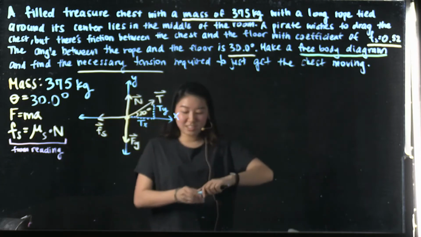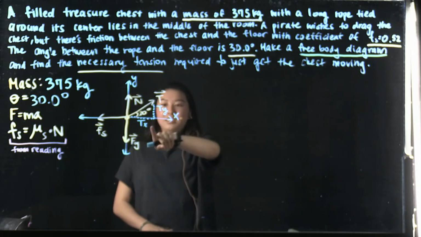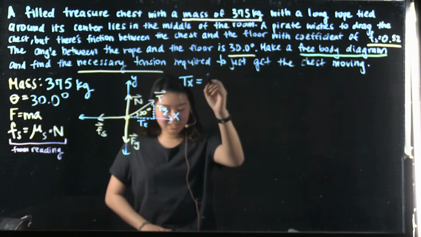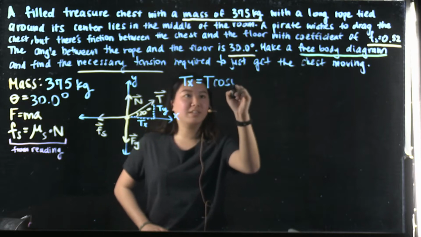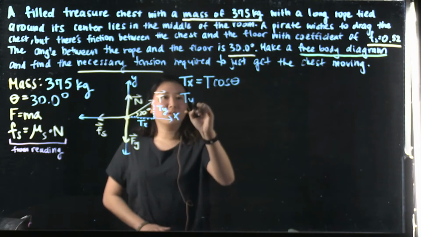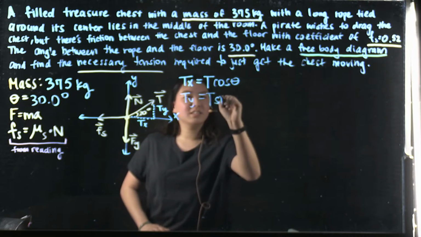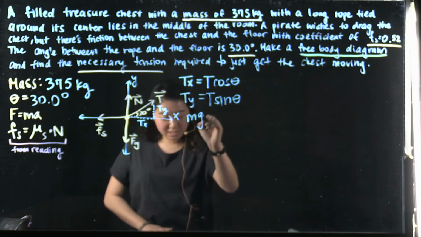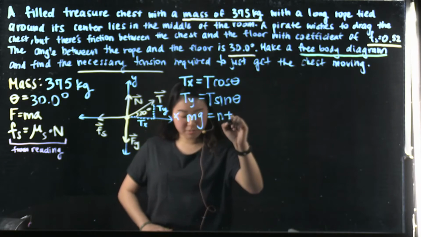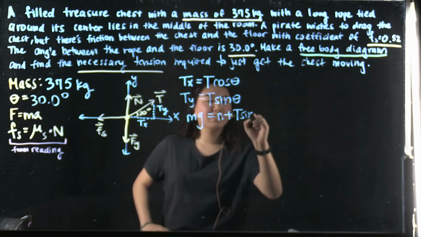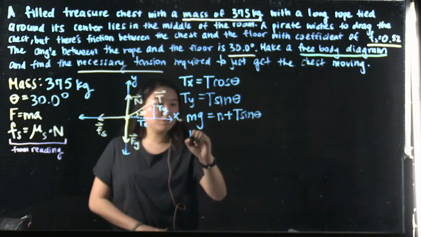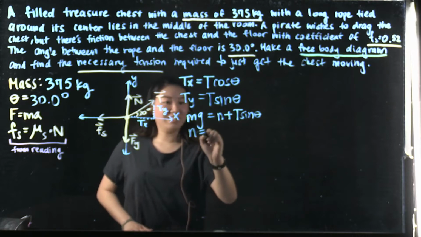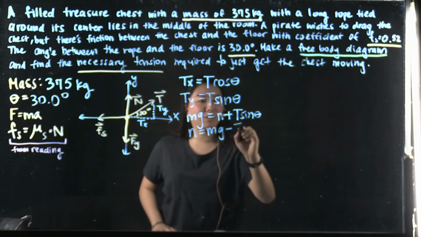Okay. So the first equation that we know is to find the components, and the x component is the tension times the cosine of theta, and the y component is the tension times the sine. And we know that gravity equals the normal force plus the y component, which means the normal force is the force of gravity minus the y component.